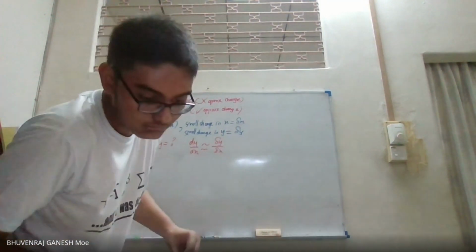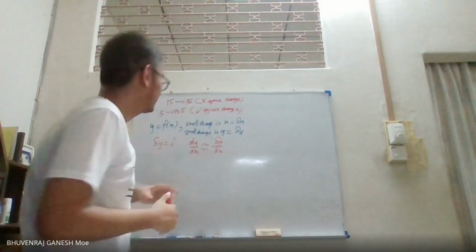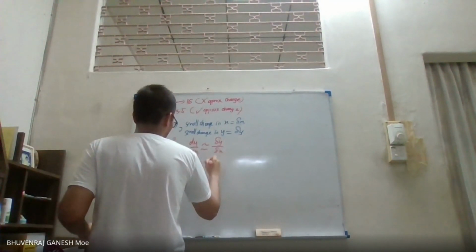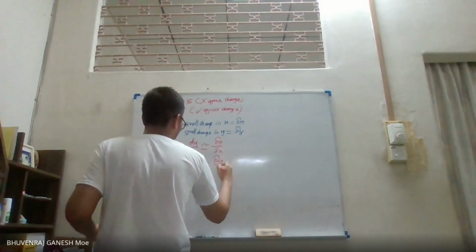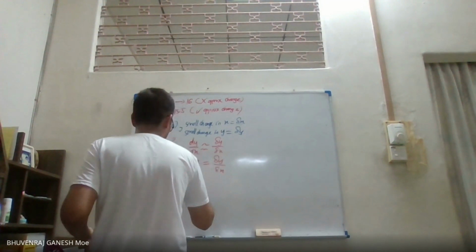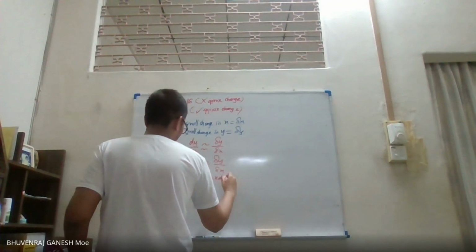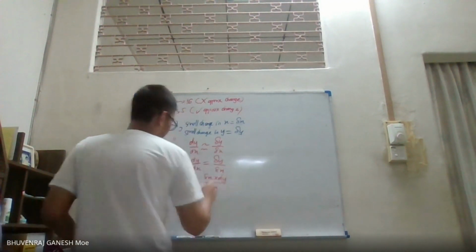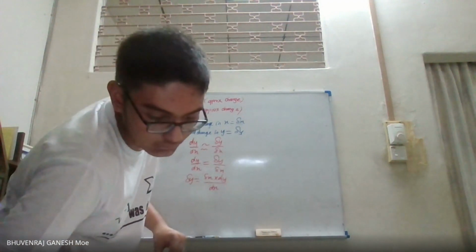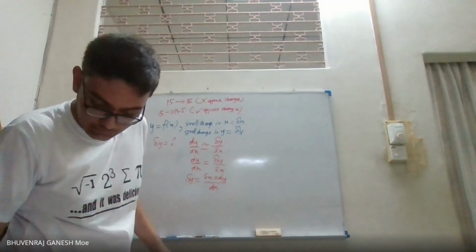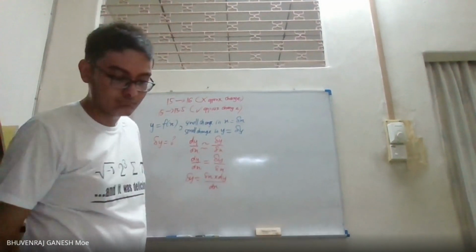So from here, we have to shift the fractions. This equivalent sign, we actually don't need to write it. You will get delta y is delta x times dy over dx. This is what we get from here. From there, we sub in our values one by one.